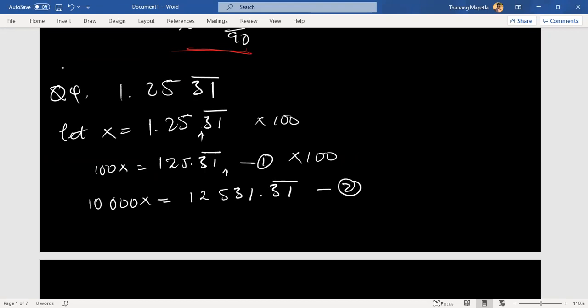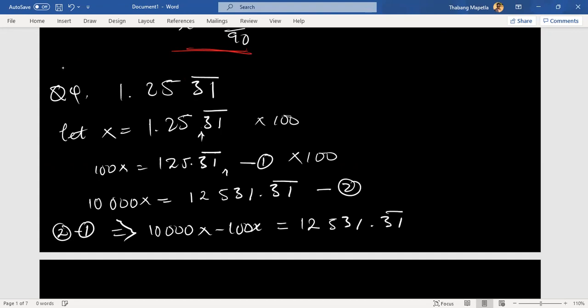So we are simply going to say equation 2 minus equation 1. Deal with the left-hand side first: 10,000x minus 100x is equal to this minus that, which is 12,531.31 bar minus 125.31 bar.